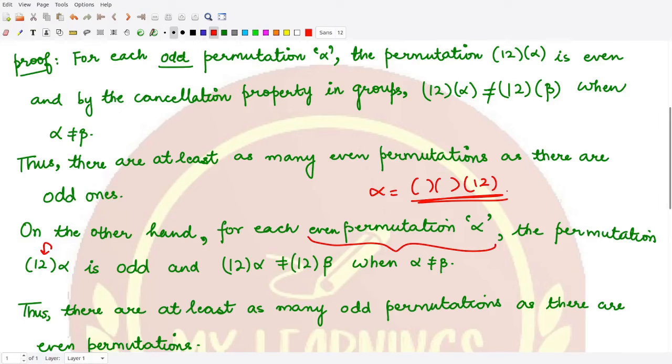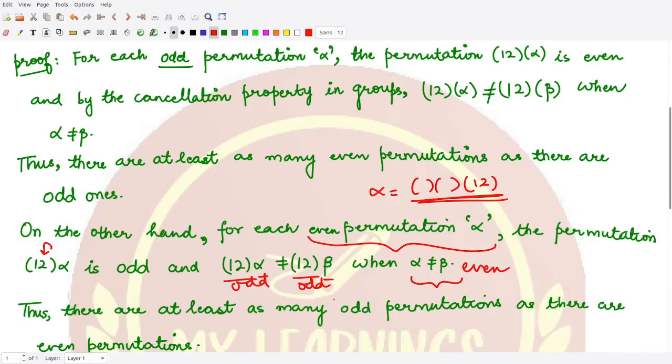It would mean that the transposition (1 2) composed with alpha is not equal to the transposition (1 2) composed with beta, whenever alpha and beta are not equal to each other. In this case, alpha and beta are even. Whenever the even permutations are not equal to each other, the odd permutations are also not equal to each other.